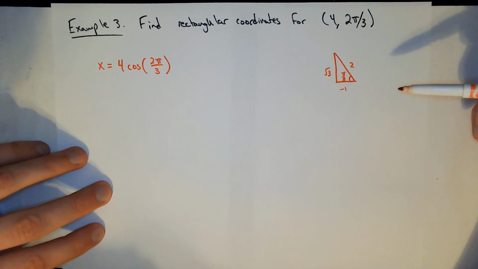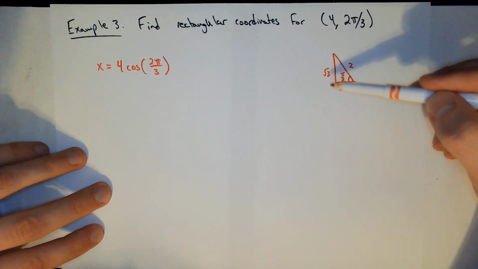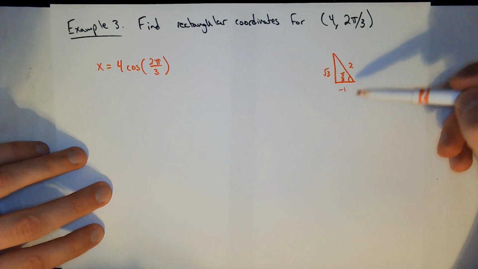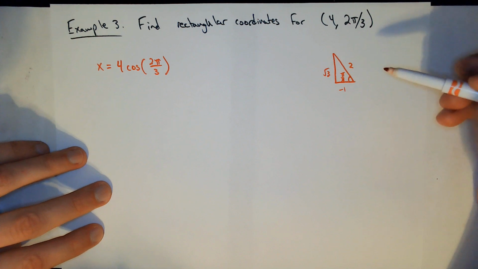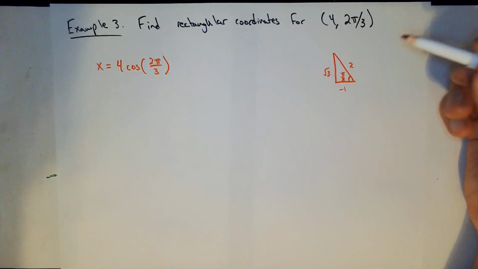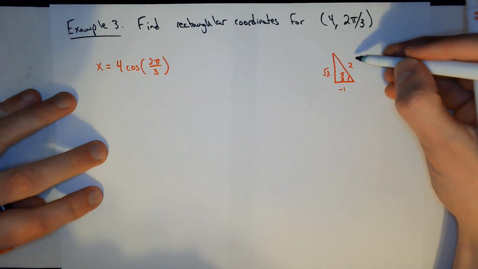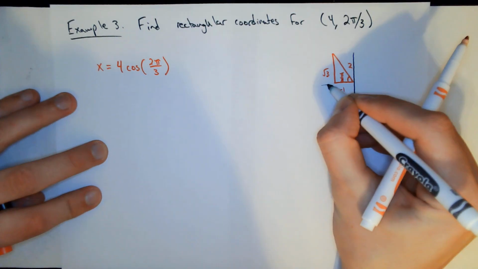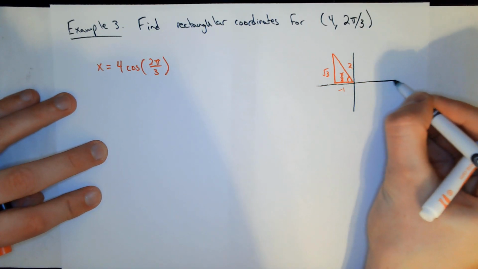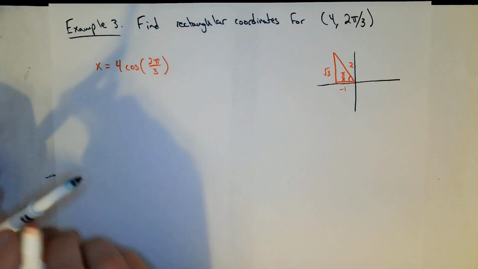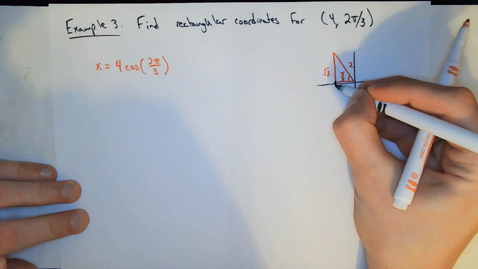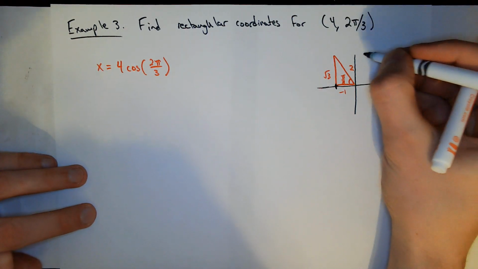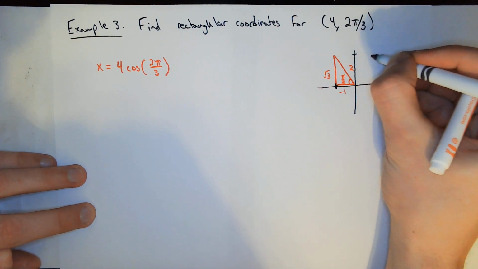Maybe it looks bad to have a negative value on the length of a triangle, but remember that I'm thinking of this as just a triangle that I'm drawing on the coordinate plane. So this is representing literally -1 out here. And the height up here is 2.